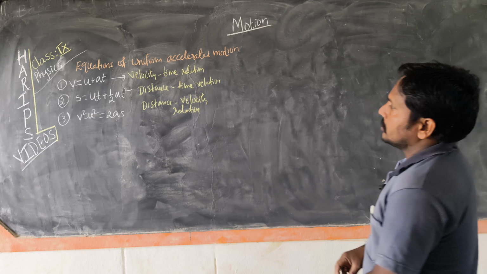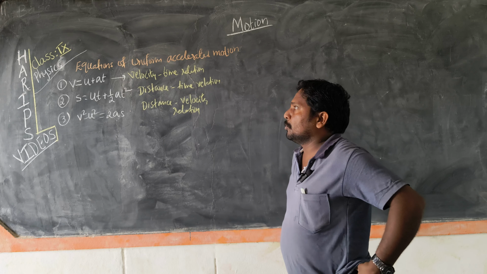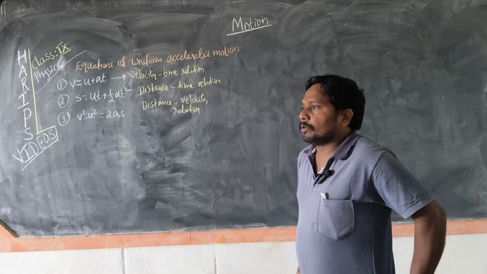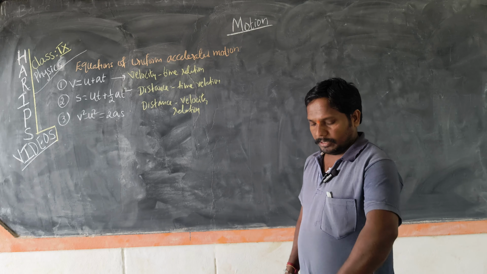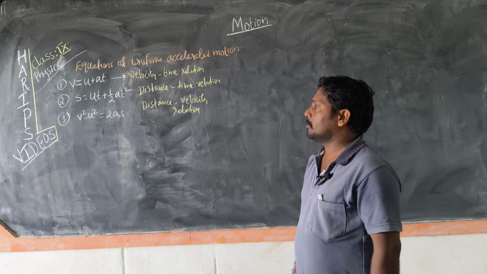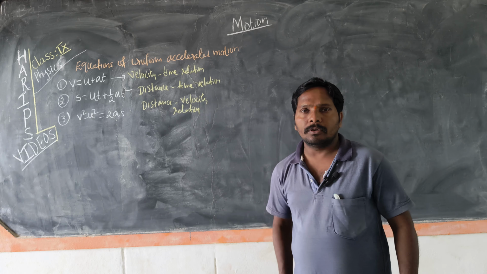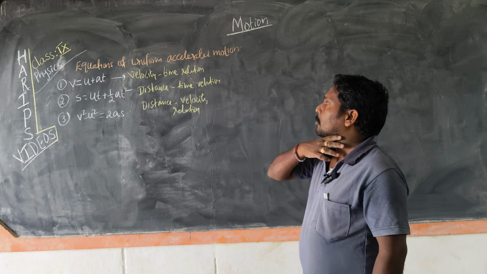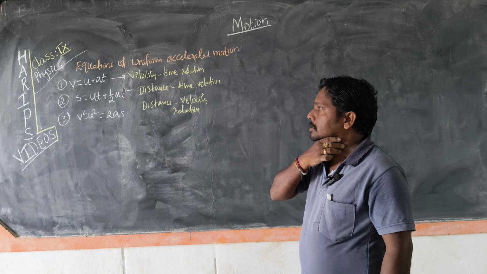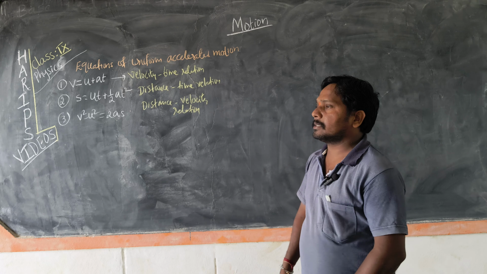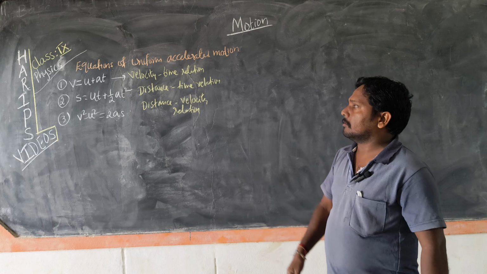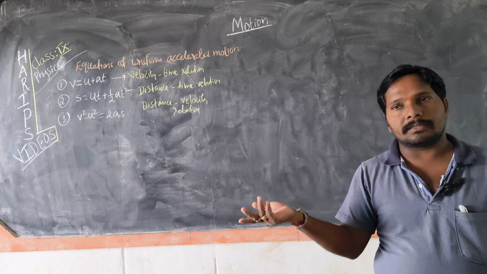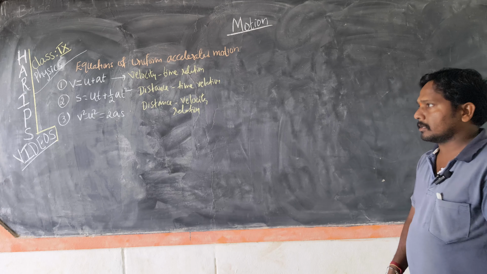So the first equation is v equal to u plus at, the second is s equal to ut plus half at square, and the third is v square minus u square equal to 2as. The first is about the velocity-time relationship, the second is the distance-time relationship, and the third is the velocity-distance relationship.